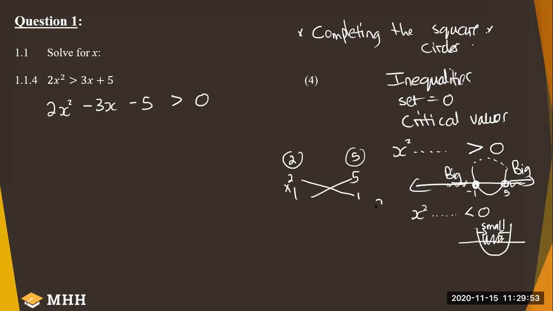Then it's going to be 2 times 1 is 2, 1 times 5 is 5. I need a 3 in the middle. So I can say I owe 5 and I have 2. So the minus goes in there and the plus goes in there. So there's your 2 brackets: 2x minus 5, you just add an x and 1 plus 1.